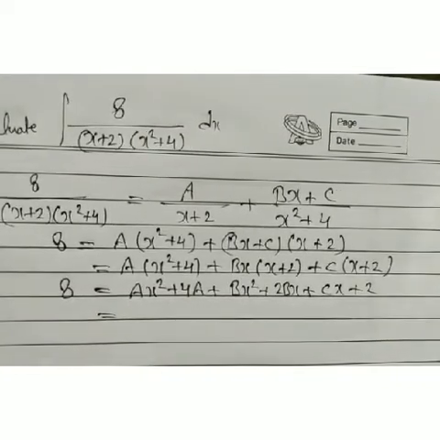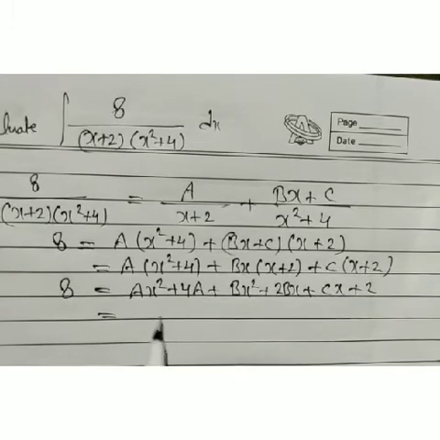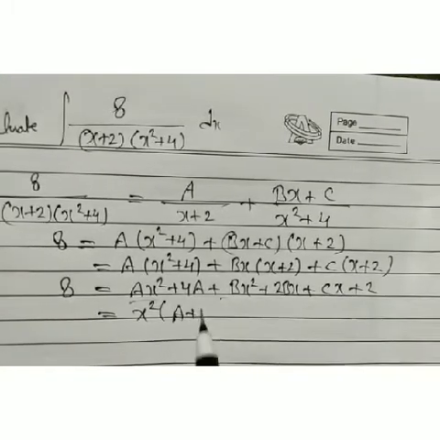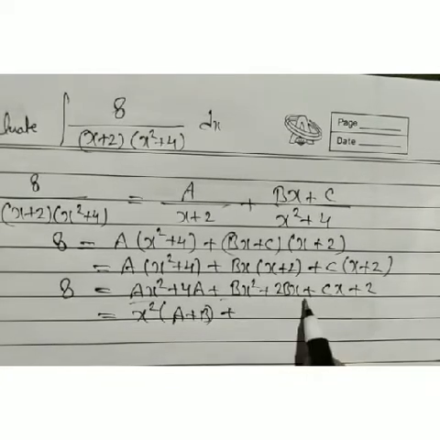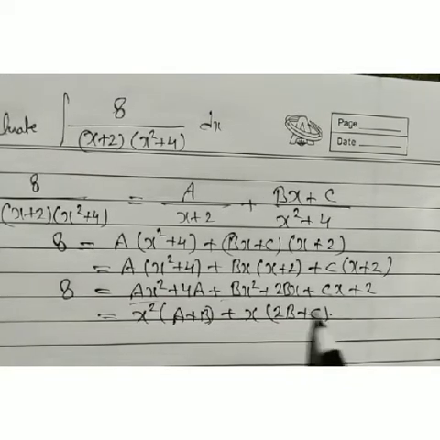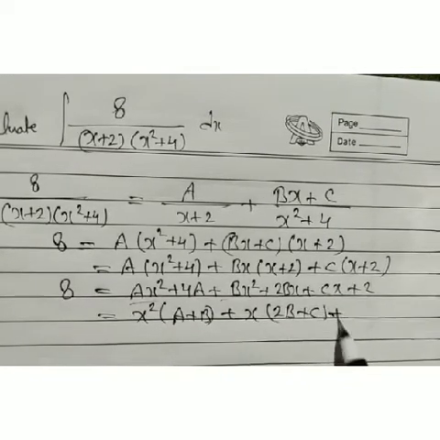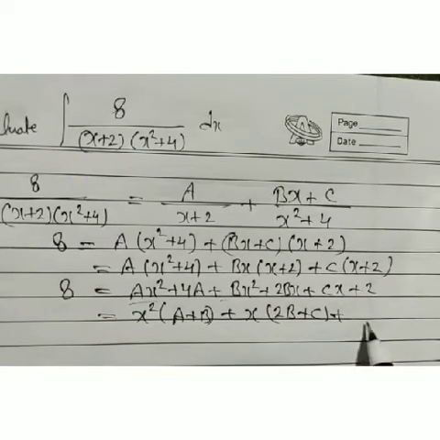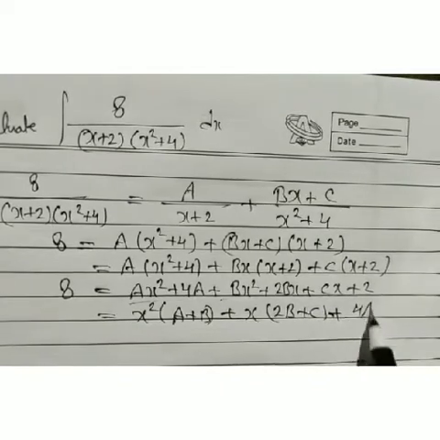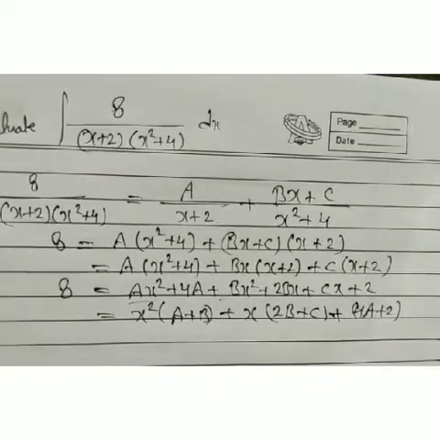We are going to take common terms. First take x square common, then we have a plus b. Now our x part, then we have 2b plus c. Then our constant part is 4a plus 2c. This is our constant part.